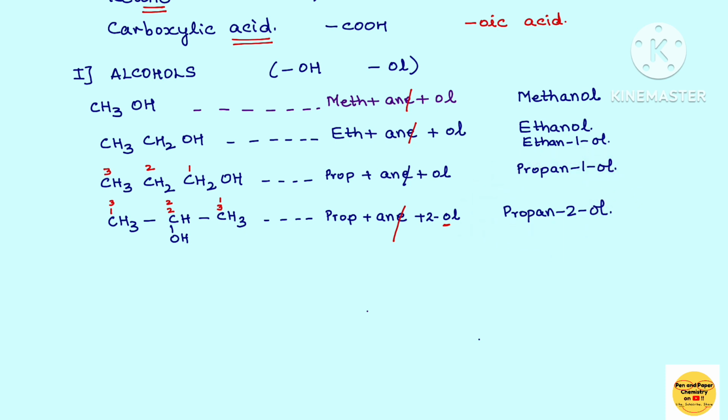They have the same number of carbon atoms, they have the same functional group, they have the same number of hydrogen atoms. Yes, they are called isomers. Iso is same, mer is molecules. Compounds having the same molecular formula but different arrangement of atoms in them are known as isomers.